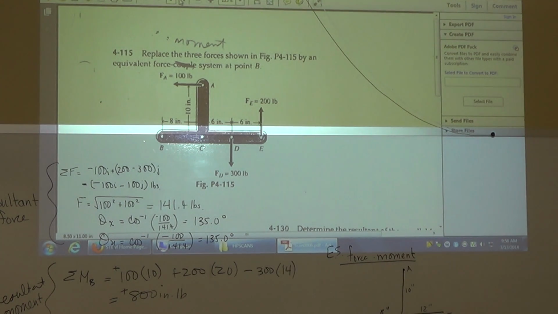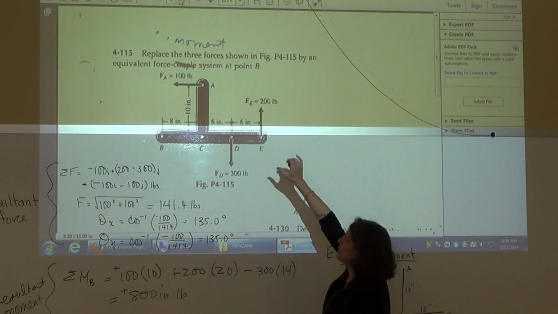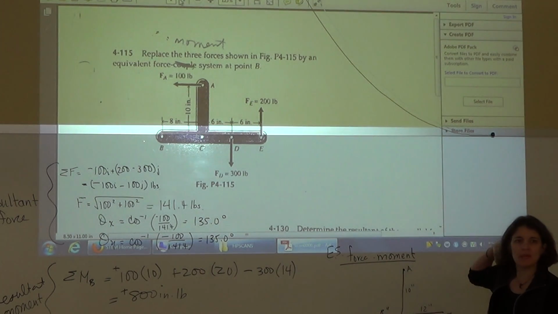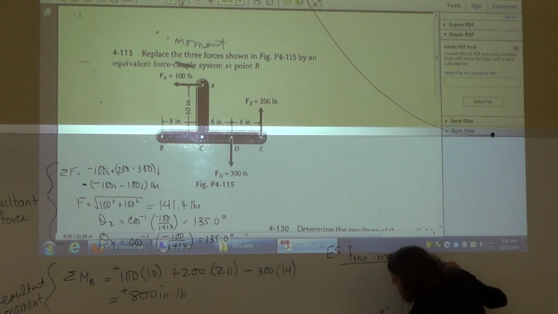and now what do I have to draw? JJ. In order for this drawing up here to be equivalent to this, what do I need to draw on here? So I have to draw the force and the moment. Yeah. So what's the resultant force? 141 pounds. 141. And which way did everybody say it's going? Down to the right.